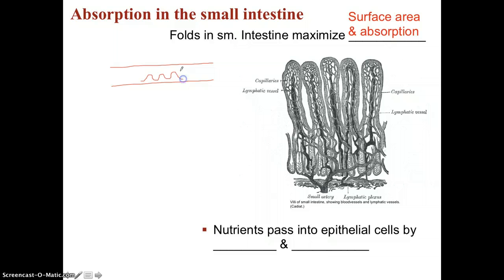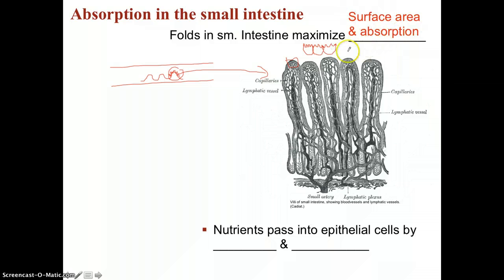So you have these folds. On each of these folds, you have these villi, and that's what you're looking at here. And even in the villi, if you looked at these specific cells on the top here, they would also have these tiny, what are called microvilli.